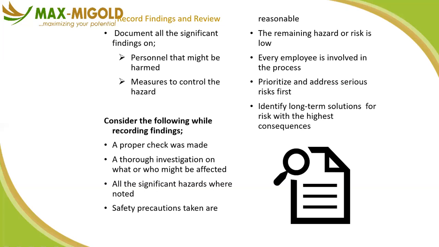Now, the safety precautions that are being taken are reasonable, sufficient, and adequate, that the risk after is as low as reasonably practicable. That every employee sees safety, and in fact fire safety, as their own, and that they're involved in the process. Then we give priority to actions or situations based on their severity. And we keep tab of the long-term solutions that we need to implement. Next slide.